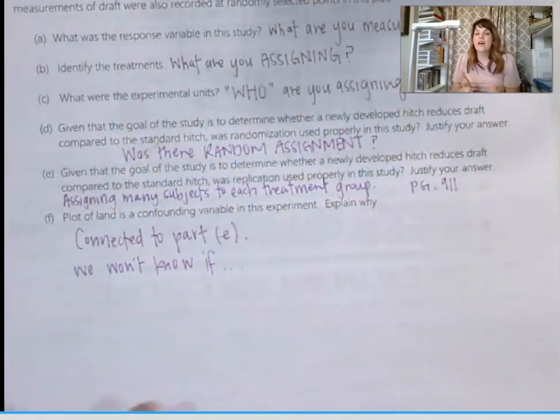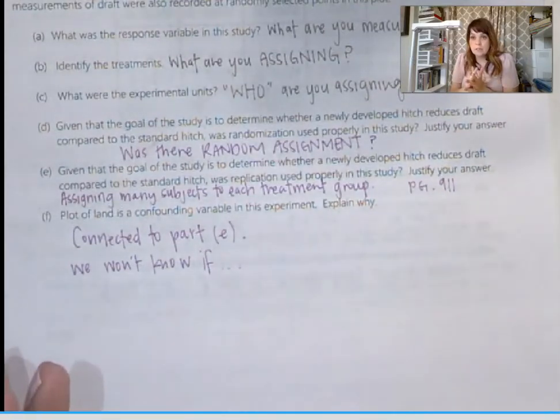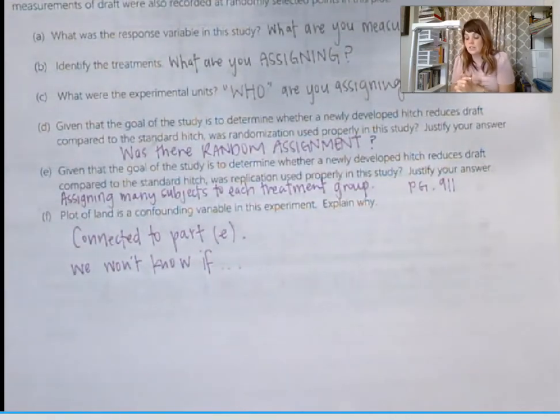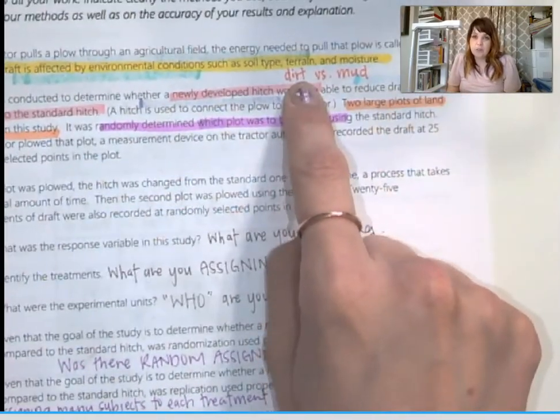Well, remember, a confounding variable is when we don't know if it is this or that that caused the reduction in draft. So what they're saying is we won't know if the land caused the reduction or the new hitch caused the reduction. So that goes back to this that I started with.